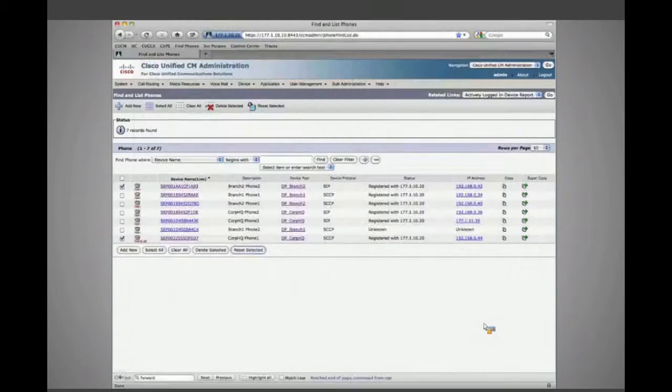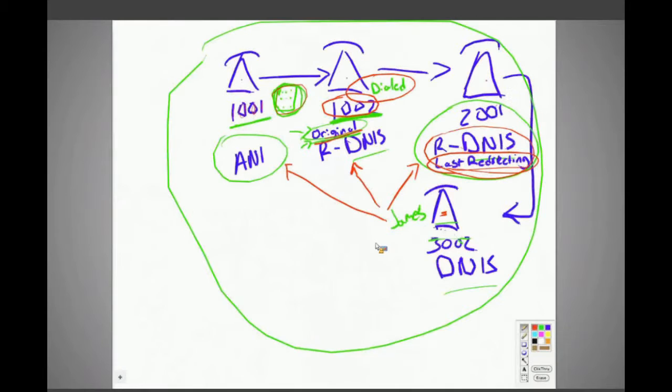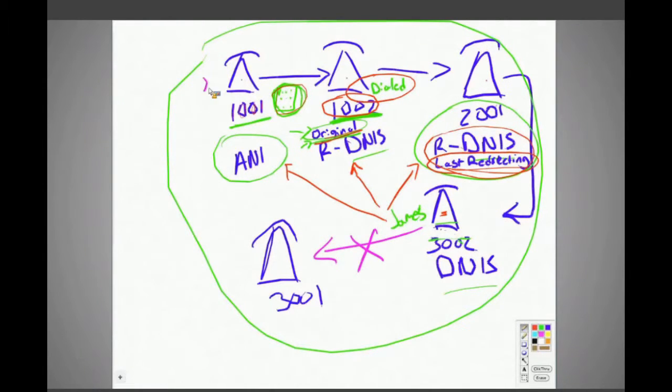So what are we essentially saying? We're saying now that if James at 3002 should forward the call one more time to another DN of 3001, then essentially this call forward here should fail.